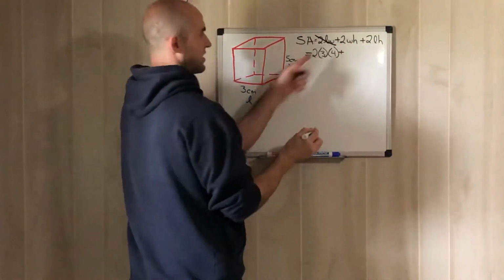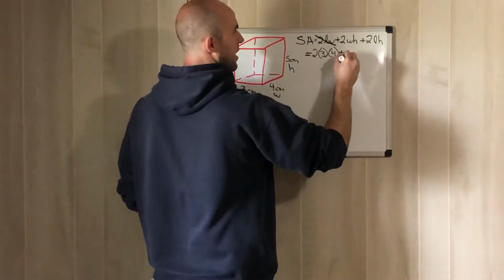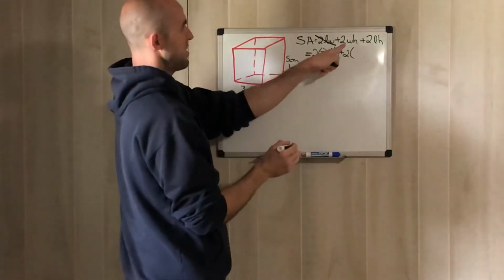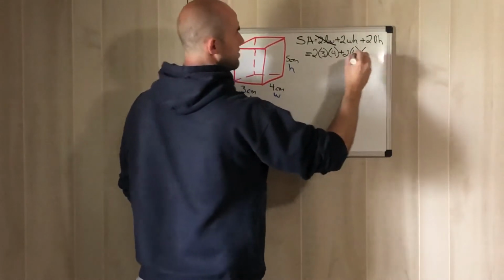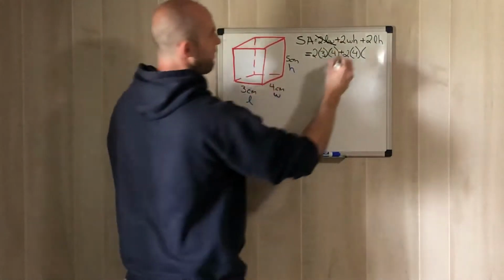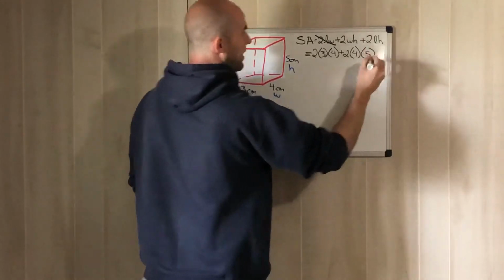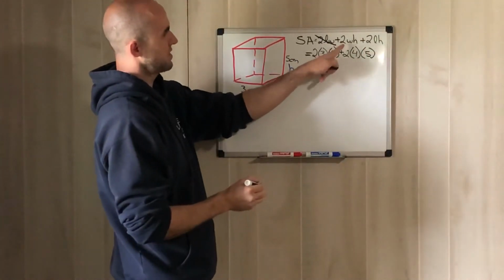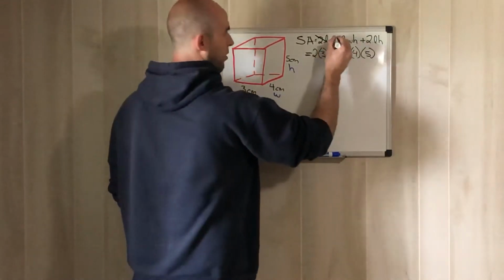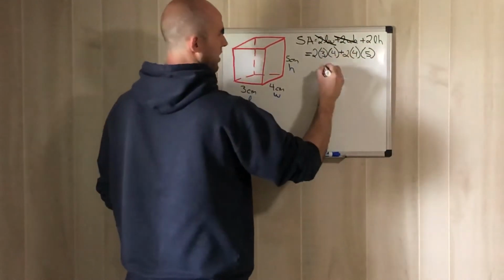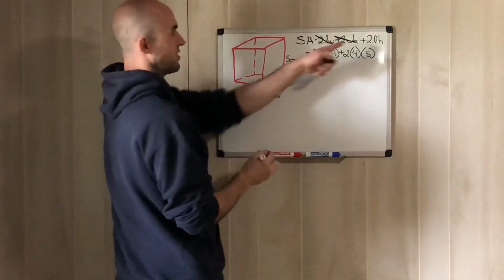So the second part's going to be 2 again. Right? Now it's going to be width, 4, times height, 5. And again, it's 2 times width times height. That's the second part. And now the last part, I'll write it down here, is going to be again 2.